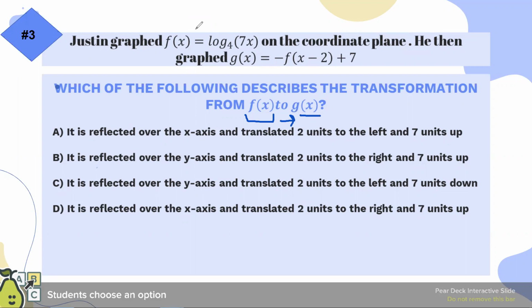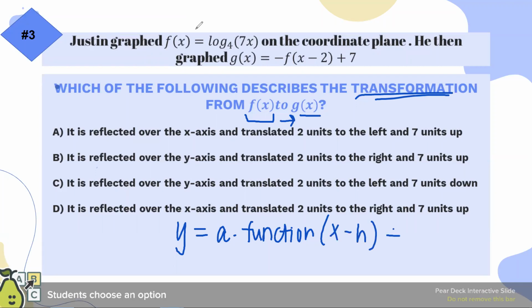So it was log base 4 of 7x, and then I noticed that g of x has a negative in front of it, x minus 2 plus 7, and we're talking about transformations, which means we're going to want to keep in mind the following. Our transformations for anything would be a times our function of x minus h plus k.